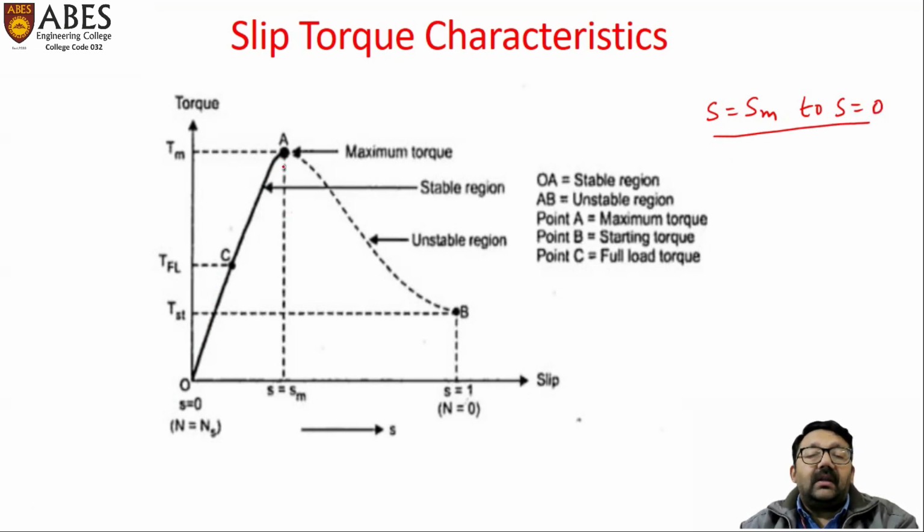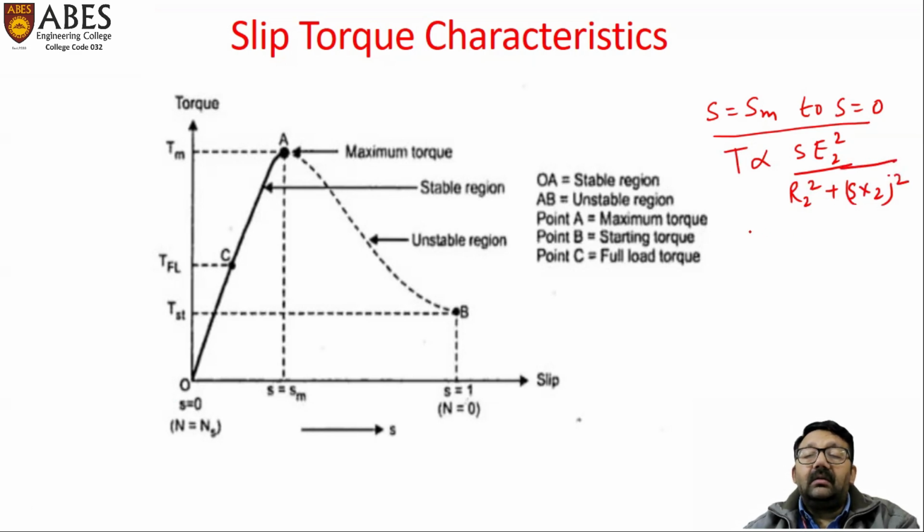As we know, when motor reaches slip corresponding to maximum torque, or the motor torque reaches its maximum value, at this point, the denominator term as motor torque is S E2 square R2 divided by R2 square plus (S X2) whole square.